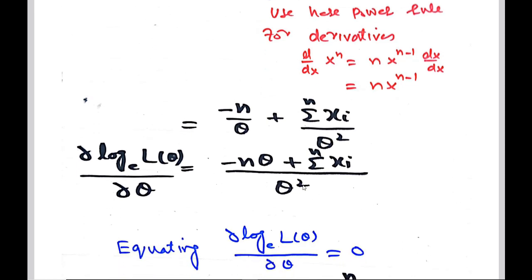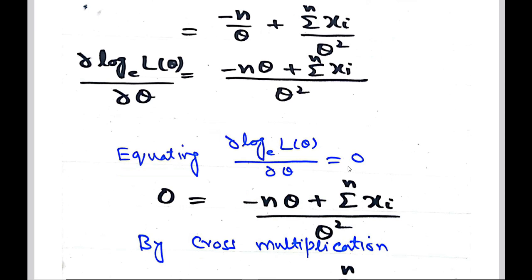Take theta square as the LCM, cancel this theta with theta: minus n theta plus the sum of xi. Equating the partial derivative of log L of theta to 0, we get 0 equals minus n theta plus the sum of xi over theta square.